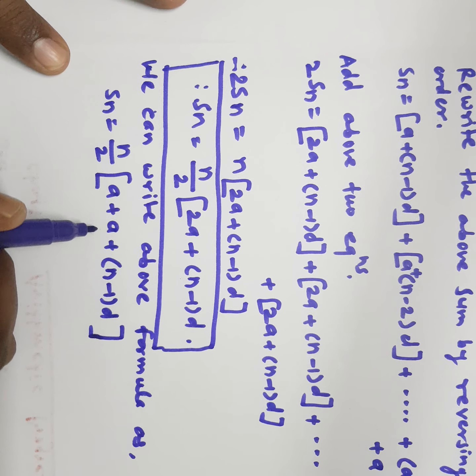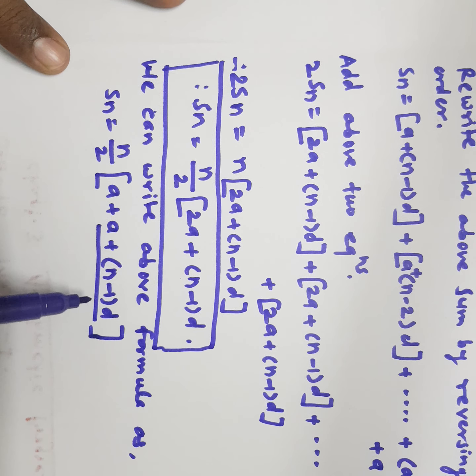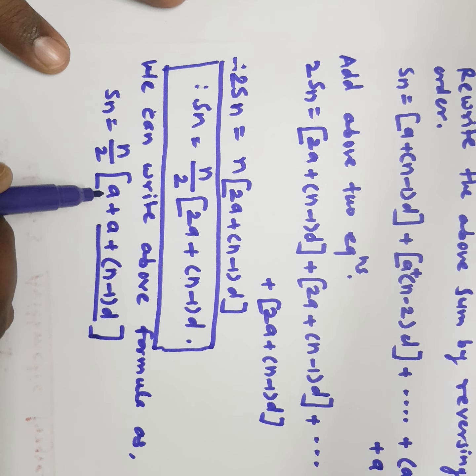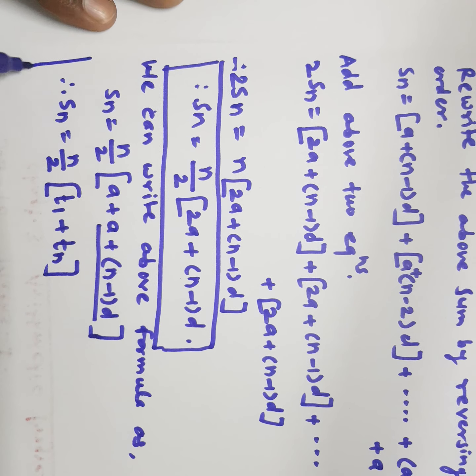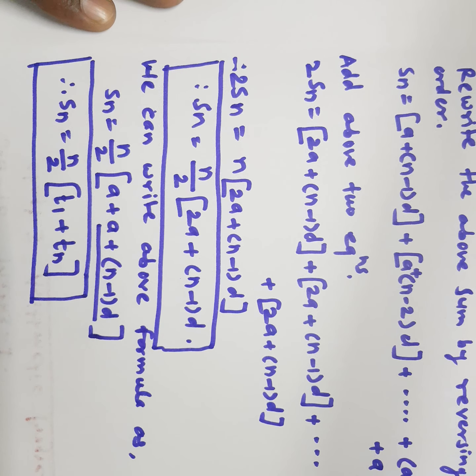Here a plus n minus 1 into d is tn and a is t1, that is first term. Therefore Sn is equal to n by 2 into bracket a means t1 and a plus n minus 1 into d means tn. It is second formula for sum of n terms. If we have given first term and last term, then we can use this formula.